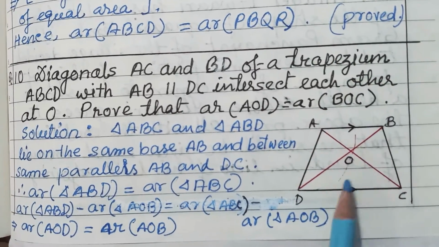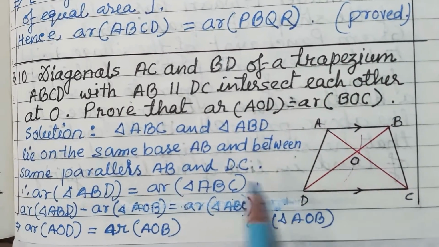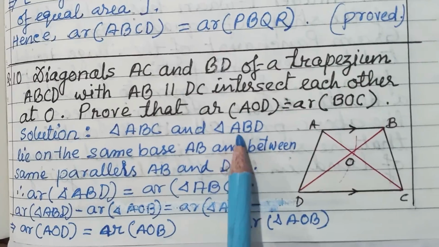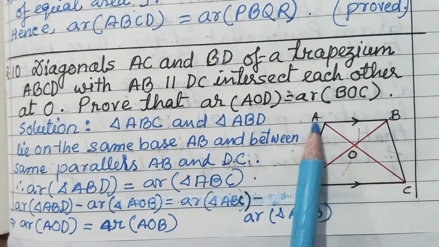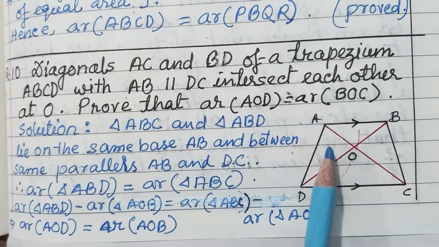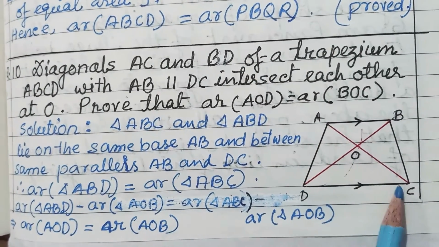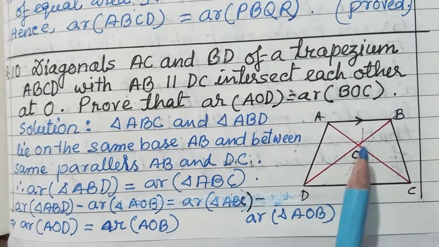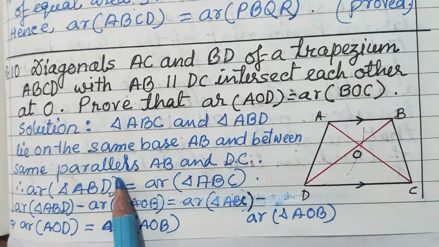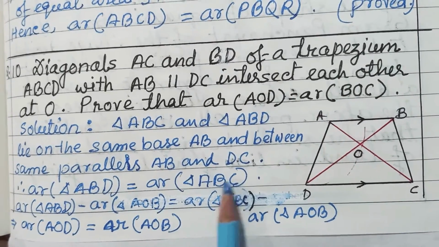Now, it is a trapezium, so AB is parallel to CD. Triangles ABC and ABD are on the same base AB and between the same parallels AB and DC. Therefore the area of triangle ABD is equal to ABC. That is the first relation we have got.